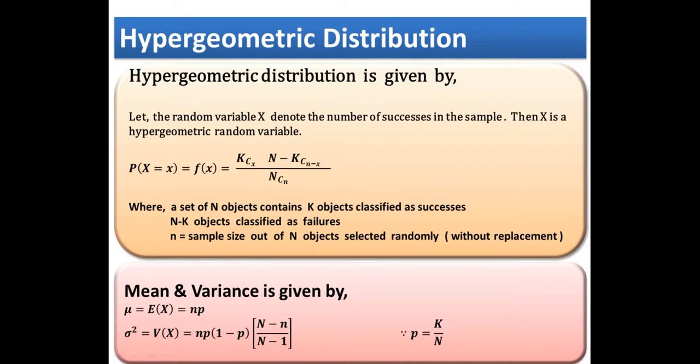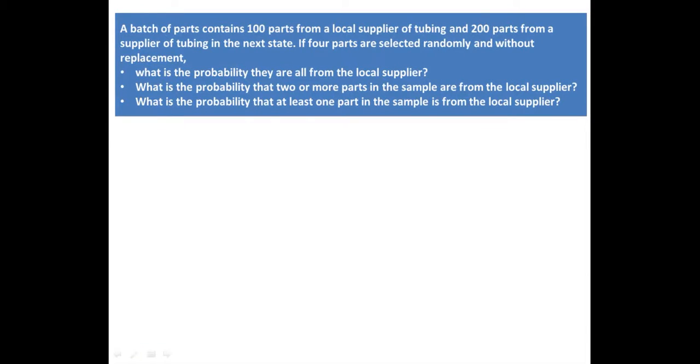Now let us try to understand how to solve an example on this hypergeometric distribution. Suppose we have 100 parts from a local supplier and 200 parts from a supplier from the next state, and we have selected 4 parts randomly and without replacement, and we have to find the required probabilities.